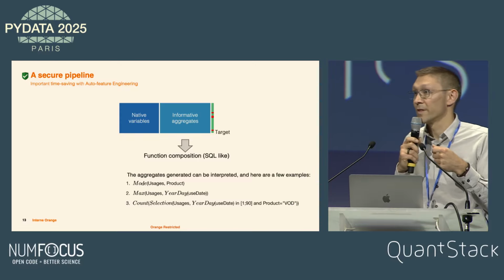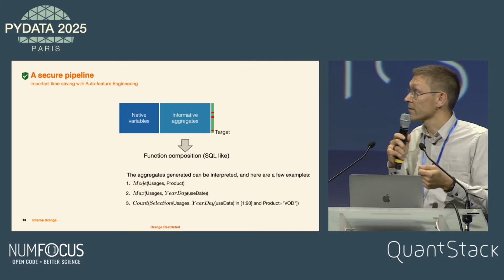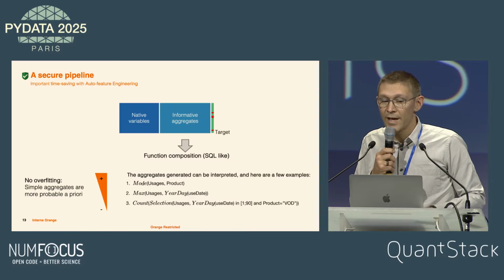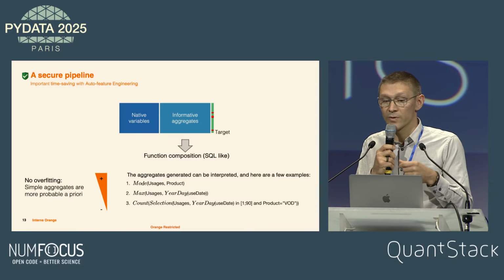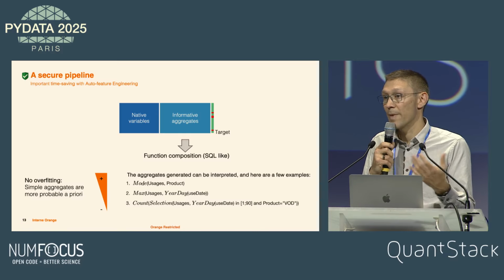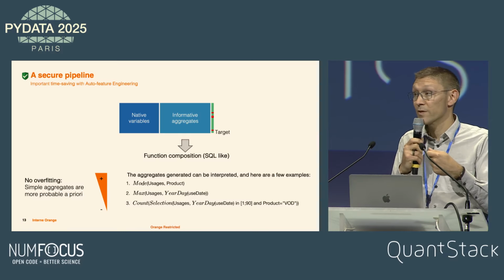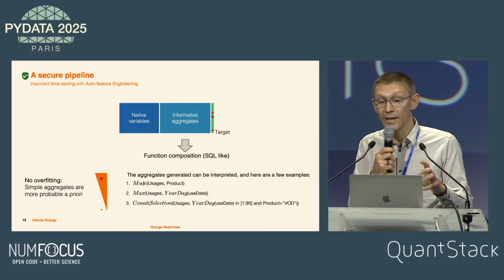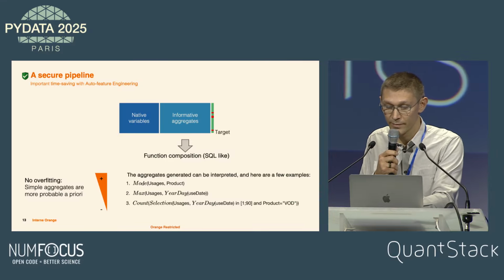So if you exploit arbitrary complex aggregate variables, you have a risk of overfitting, and the formalism of KIOPS gives a priority to simple aggregates, and there is a balance between the information that is provided by this candidate aggregate and the complexity of this aggregate.